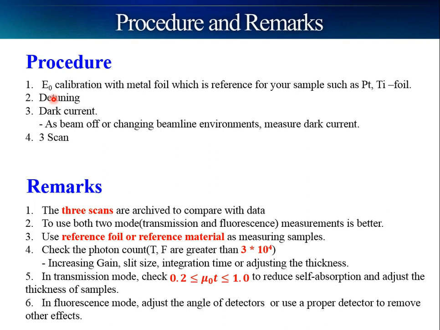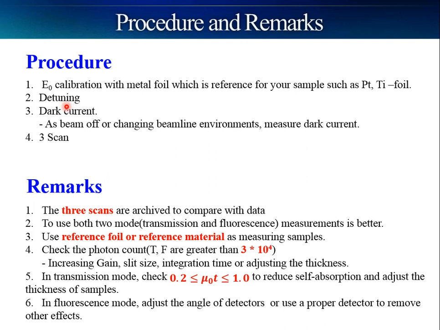So put the reference foil or the reference material on the sample stage and control the motor of the double crystal monochromator. After finding E naught, you make detuning, which is the process to find the first order X-ray.